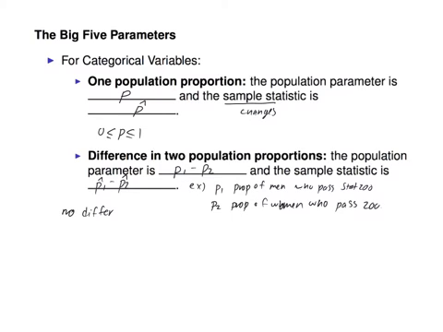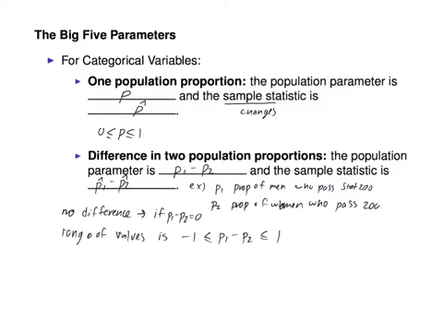So in this case, if you subtract two population proportions, when would you observe no difference? If the difference is 0. And if I don't specify putting the bigger one first, what would the range of values be? The range of values is going to be -1 less than or equal to P1 minus P2 less than or equal to 1, because P1 and P2 can go between 0 and 1.